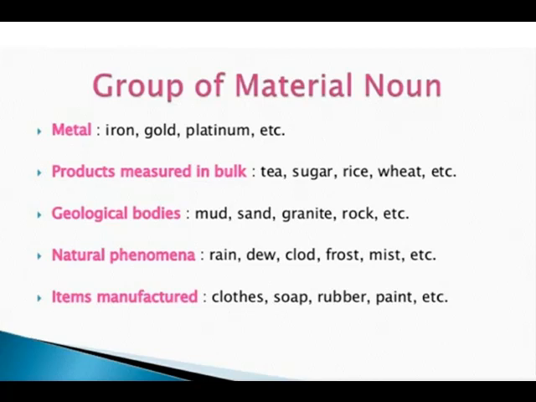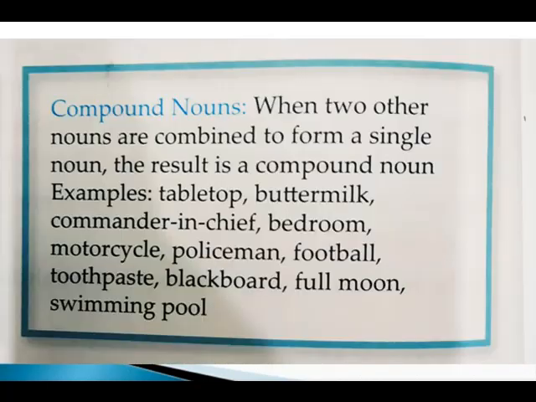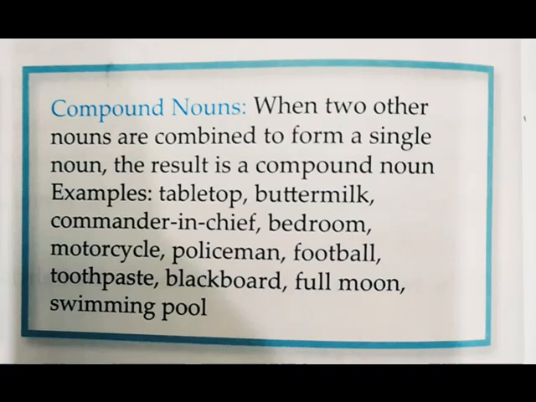So material nouns are also concrete nouns. You should not get confused that if rubber is a concrete noun, it cannot be a material noun. Rubber is a concrete noun also and it is a common noun.